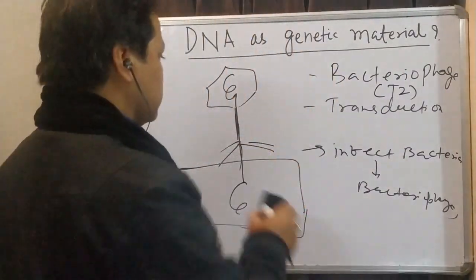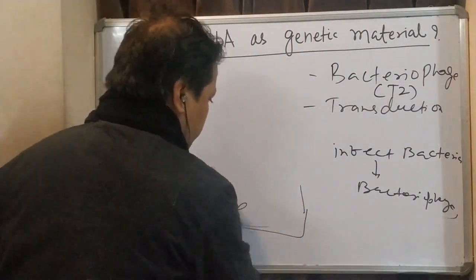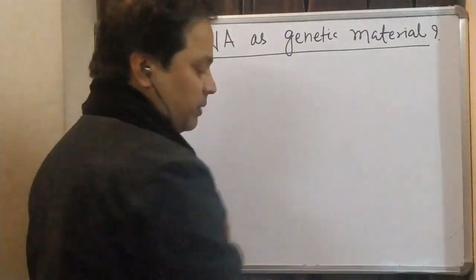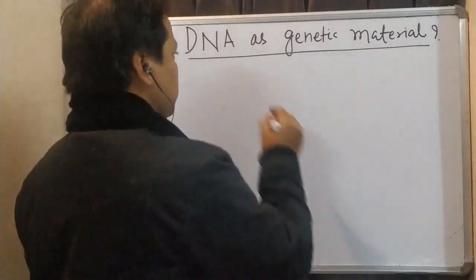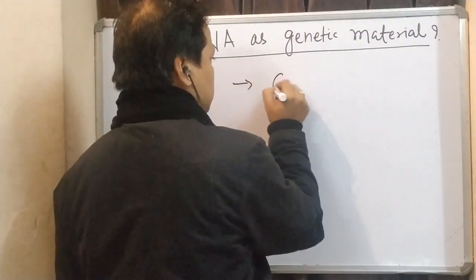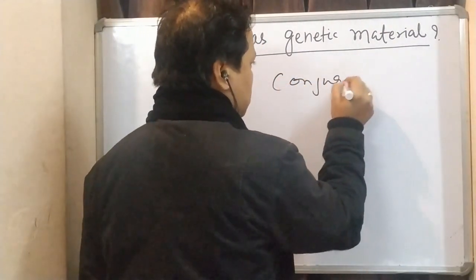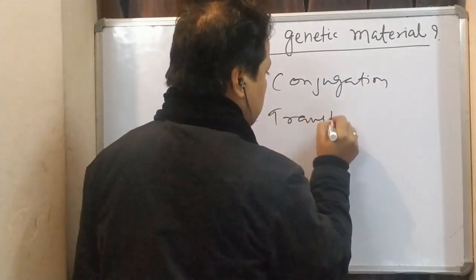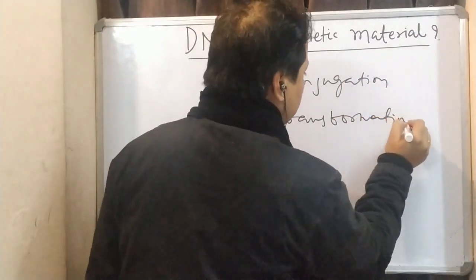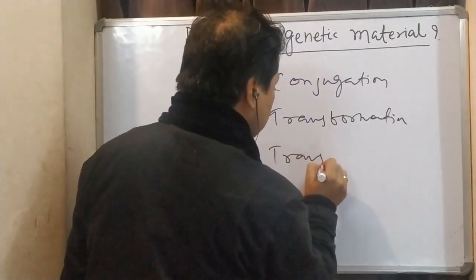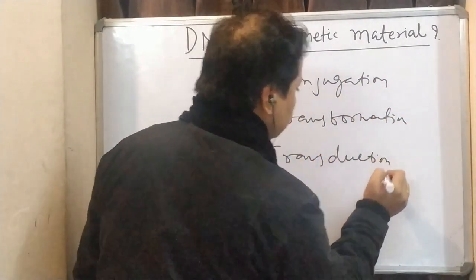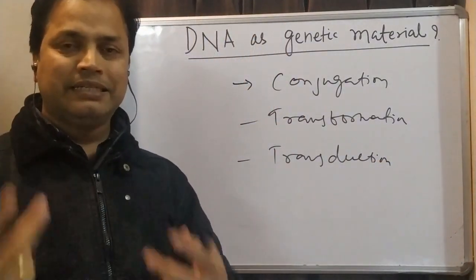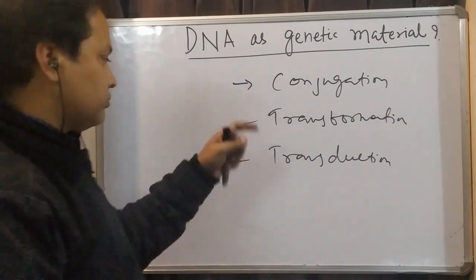Now we'll see what is transduction. Transduction is a process for the transferring of genetic material to the bacteria. There are three processes: conjugation, transformation and transduction. These three are the processes by which one bacteria gets DNA from different sources.